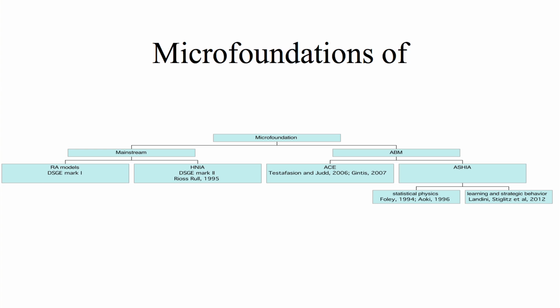working on this stuff. And then there is a relatively new approach, which is called analytically solvable heterogeneous interacting agents. The acronym is ASHIA. And you can have analytical solutions for millions of interacting agents.